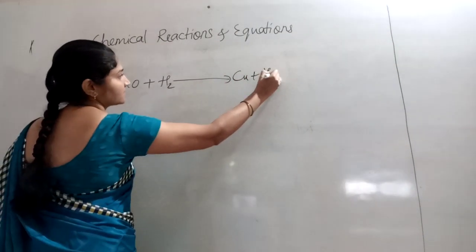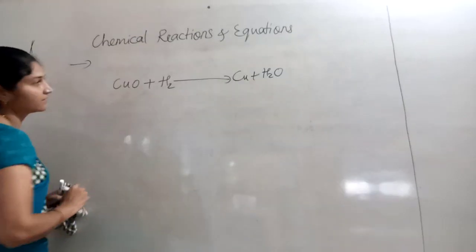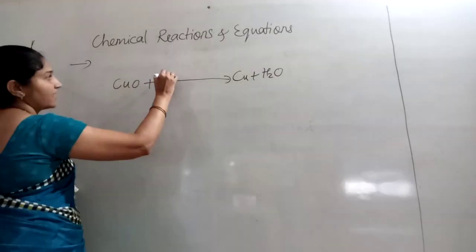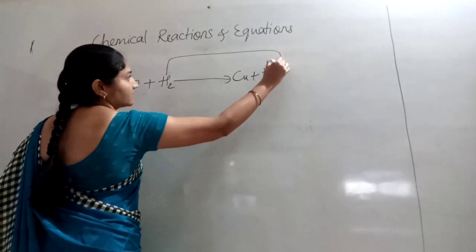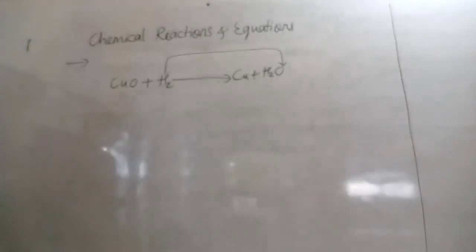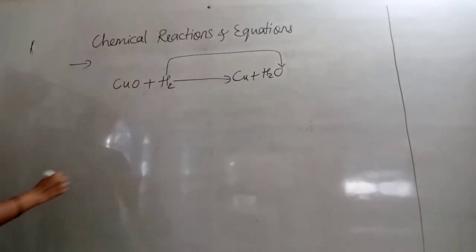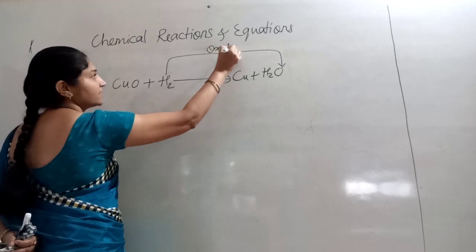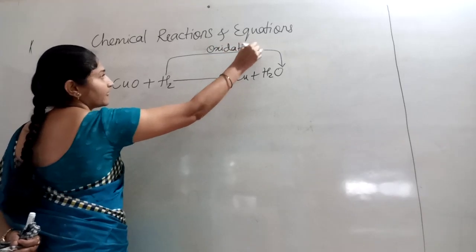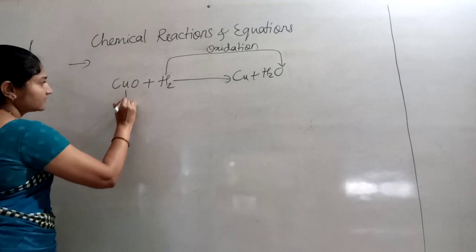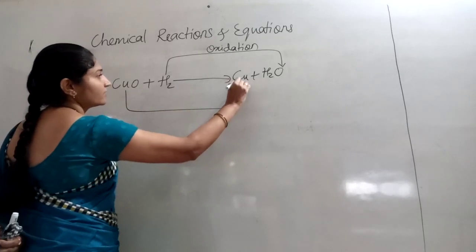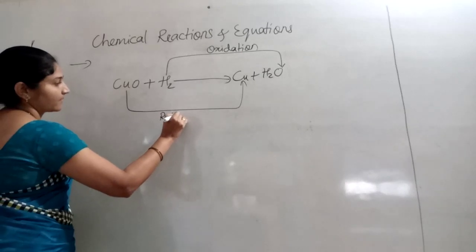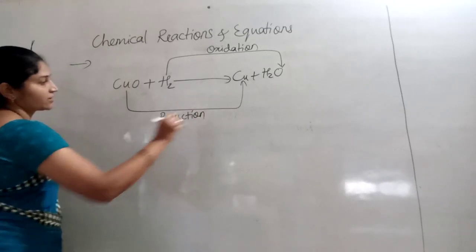Here hydrogen gains oxygen, that is oxidation, and here removal of oxygen from copper oxide is reduction.